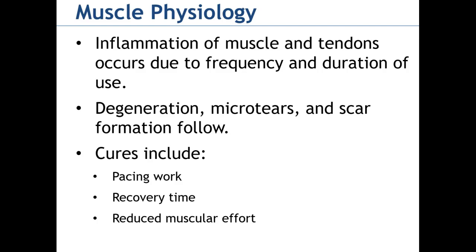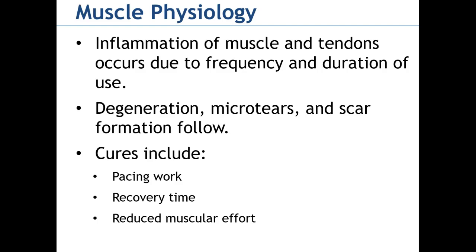The inflammation of the muscle and the tendons occurs due to the frequency of use and the duration of use. As we know in ultrasound, some exams can be done quickly in about 15 minutes. There are other exams, such as a lengthy OB exam for multiple fetuses, or vascular studies for vein mapping and looking for DVT, that can be very long exams.